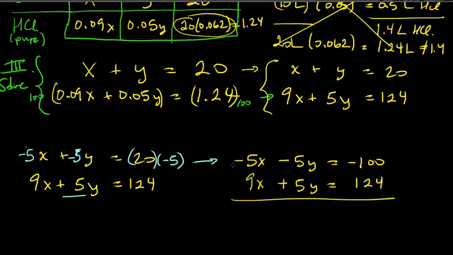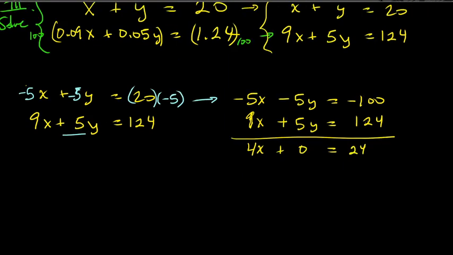Add them up. Negative 5x plus 9x is 4 times x, right? Negative 5y plus 5y is 0y, or just 0. And negative 100 plus 124 is 24. So you can see we're almost done. If 4 times x is 24, divide by 4, x has to be 6.